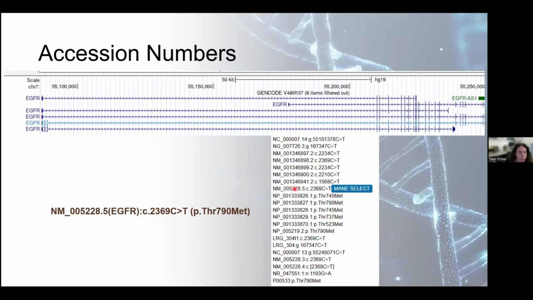And if we are not aware of the transcript number, we might make a mistake in interpreting this variant. And similarly, the coding number might also be different. So if usually we refer to this as 790, in another transcript, it might be 745. So this number is very important to notice.